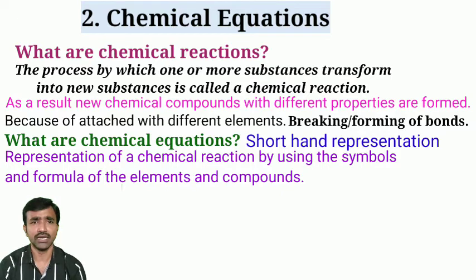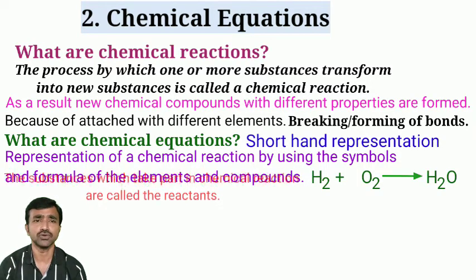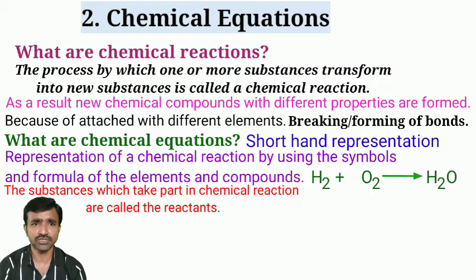In the given example, hydrogen reacts with oxygen to produce water. Hydrogen and oxygen take part in the change. The substances which undergo changes in a reaction are called reactants.